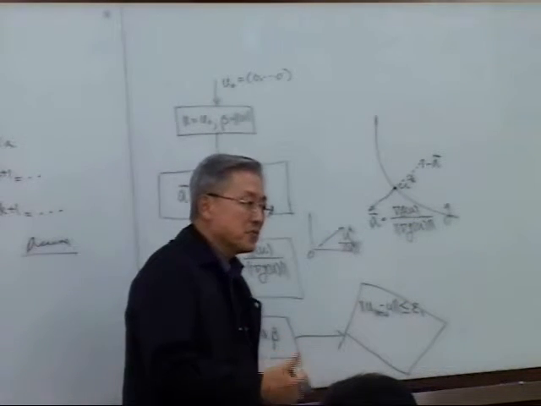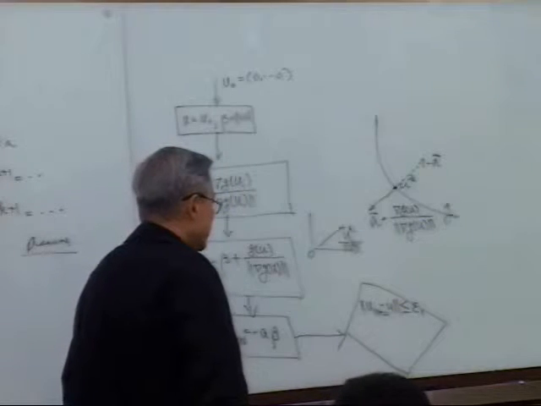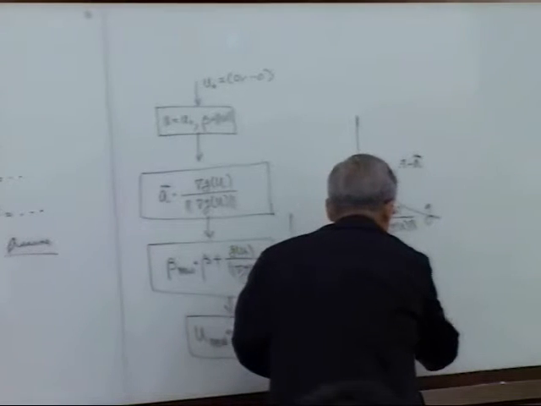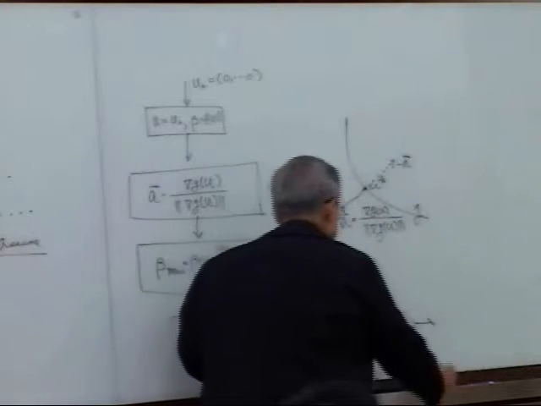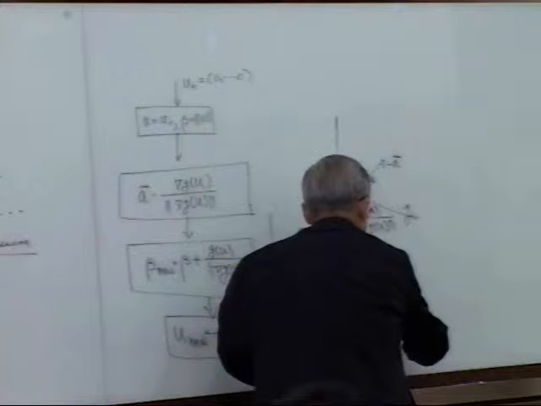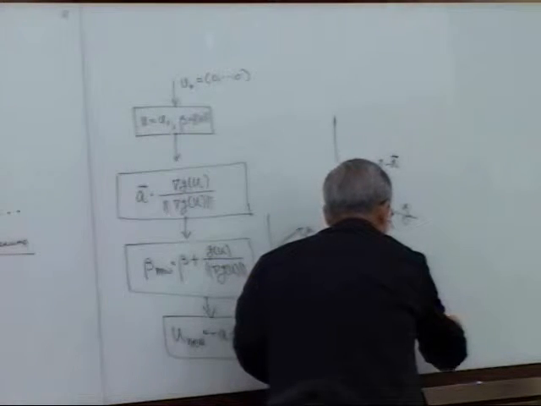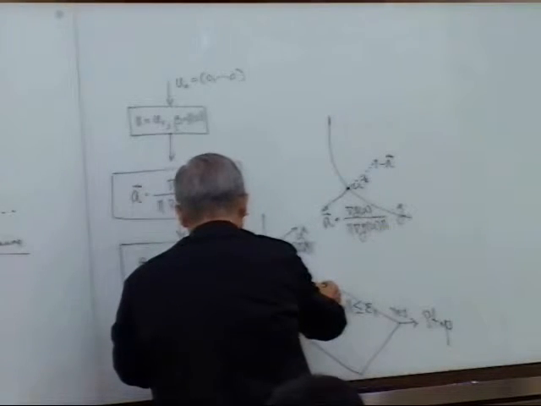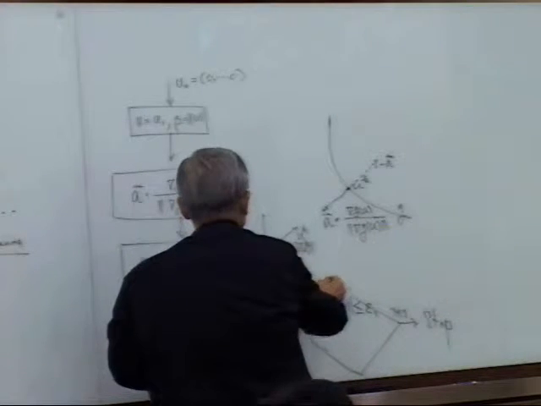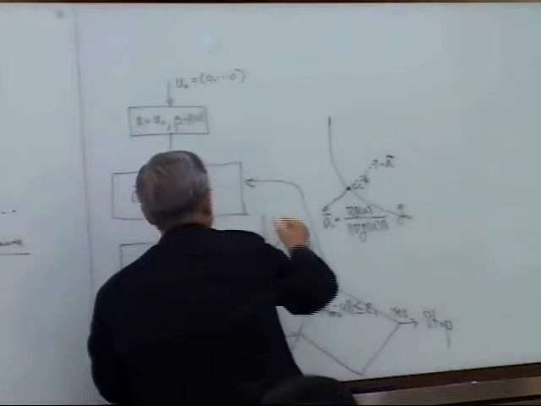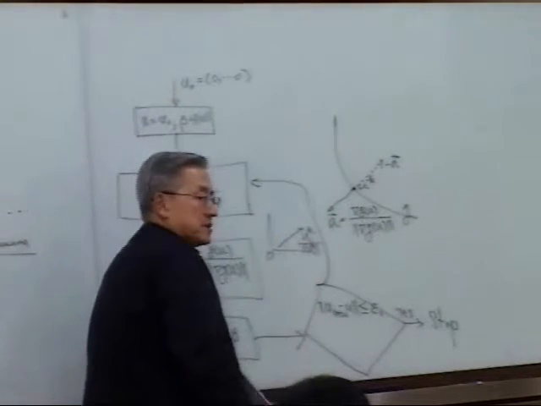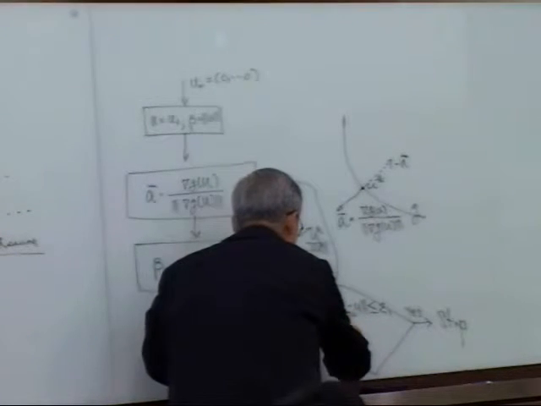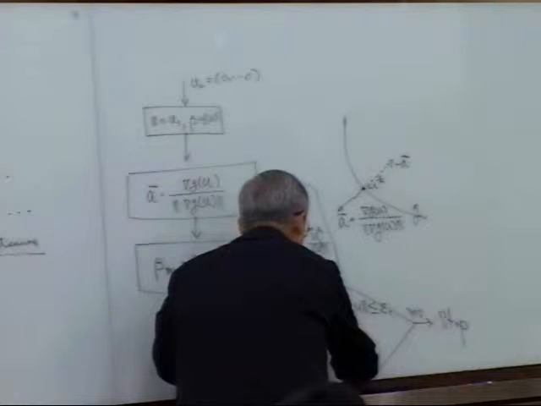It's a convergence check. If it's less than or equal, then stop. Otherwise, from here, you go back and keep iterating.